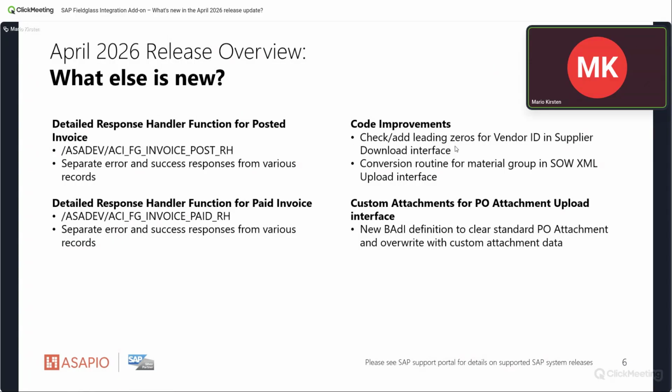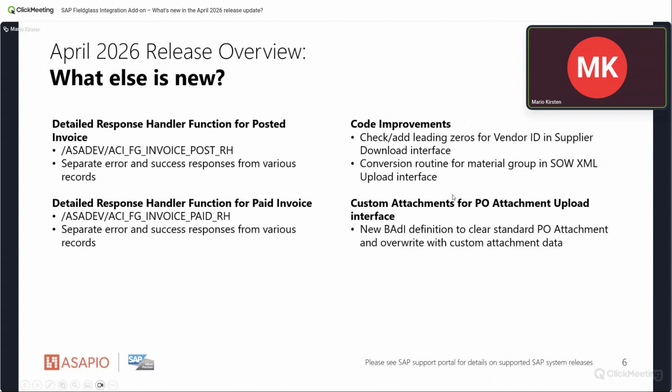So more or less a fail-safe implementation here to not run into issues in the future. And in our purchase order to SOW upload XML interface, we introduced a new conversion routine for the product or for the material group. So just minor adjustments in terms of code improvements that I can mention here for those interfaces.